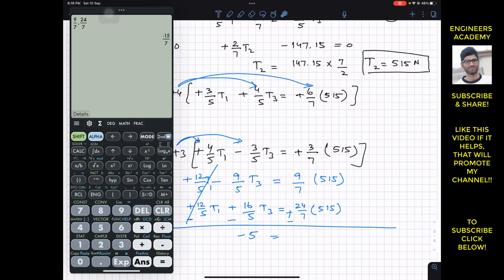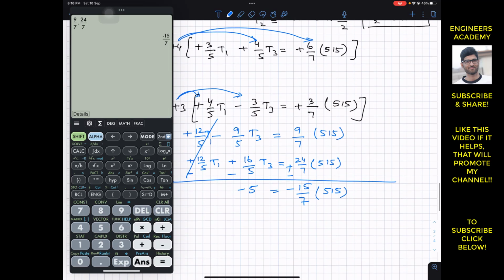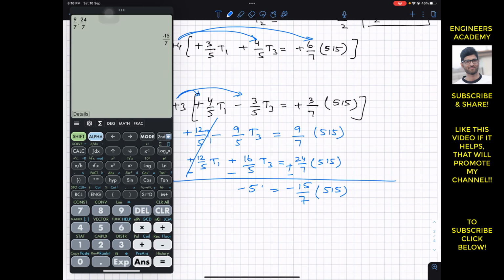So we get minus 15 divided by 7 into 515, since we have added only the coefficients. And remember that this is minus 5 T3, right? So now minus cancelled out, and we can write that T3 is 15 divided by 7, 515.